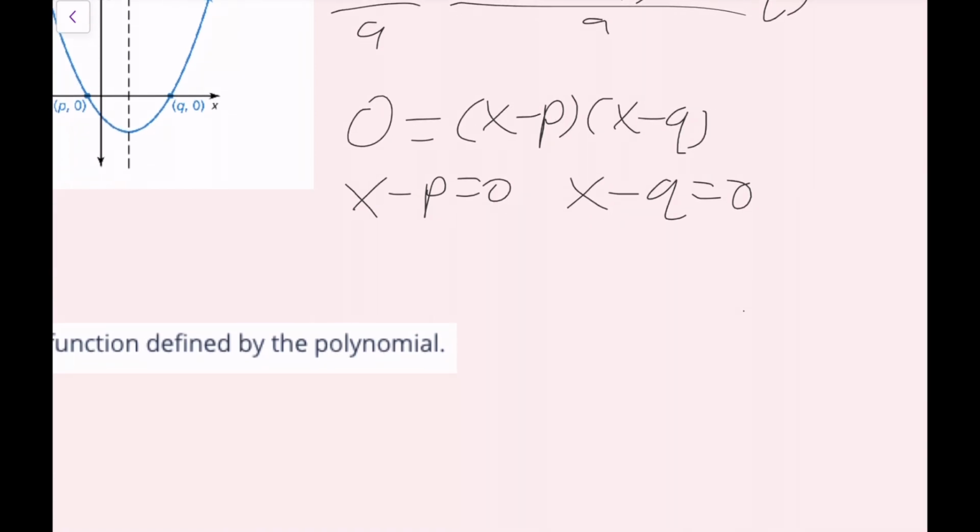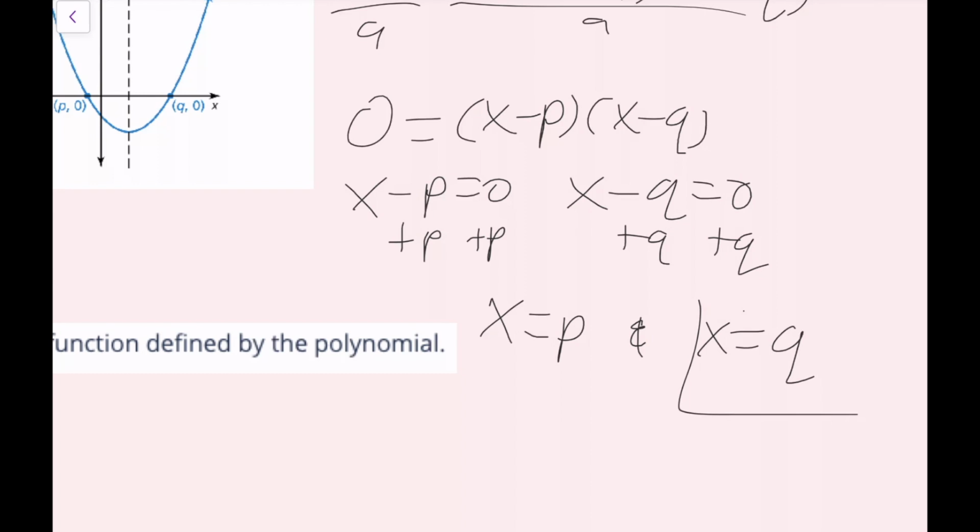And then if I add p on both sides here, and then add q, I get x equals p, and x equals q. So p and q here are the two values that make y, or f of x in this case, equal 0.